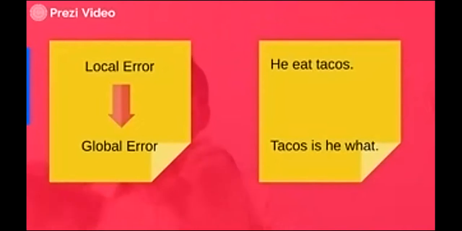But if the student just makes this small mistake, it's a local error and it is not 100% necessary to correct. A global error: "taco is he what?" The teacher can say, what did you say? I don't understand. And this is an example of a global error. Remember, a global error is when the student makes a mistake that is so big that you have to stop and correct because there is no comprehension.